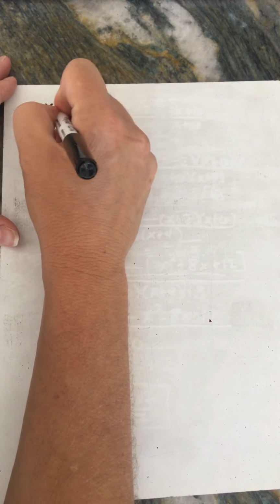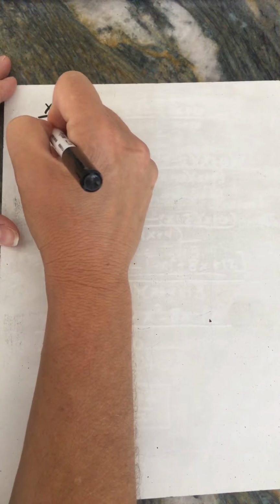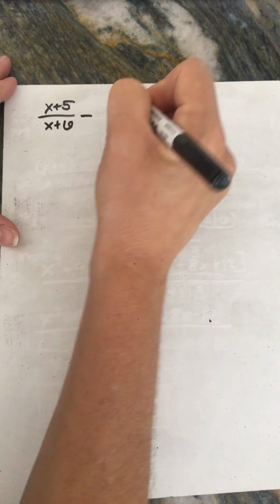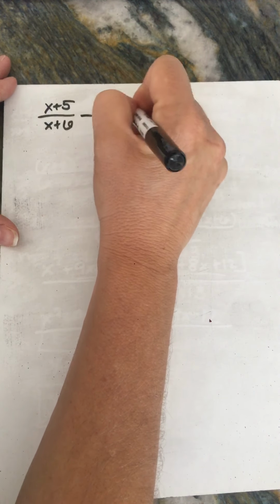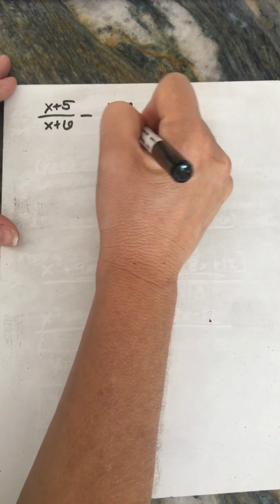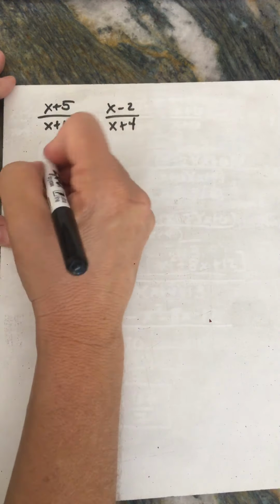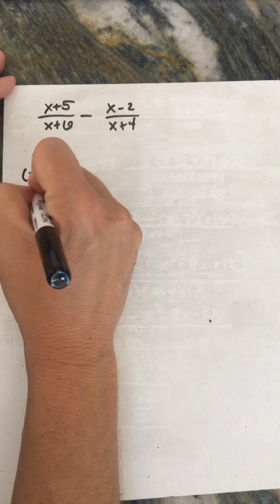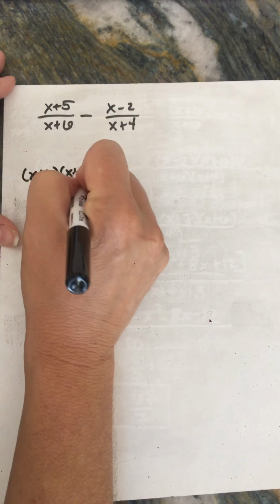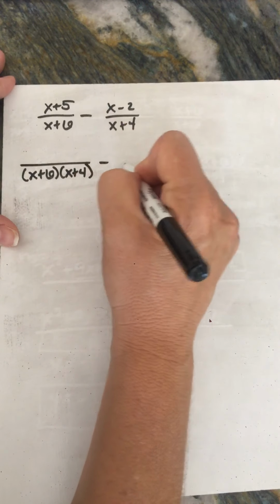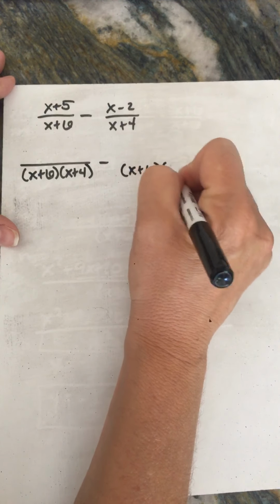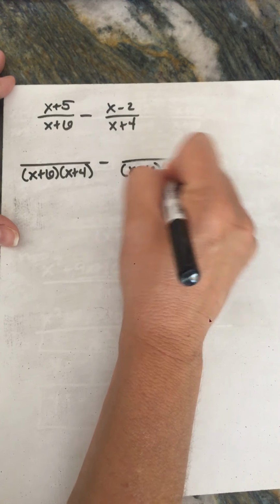Okay, let's do subtraction. Ready? Let's do the quantity x plus 5 divided by the quantity x plus 6 minus the quantity x minus 2 over the quantity x plus 4. So the LCM, we're going to need both binomials. So x plus 6 and x plus 4.